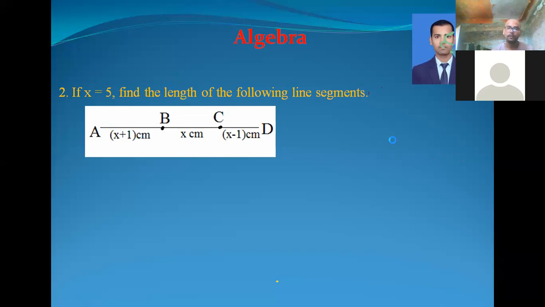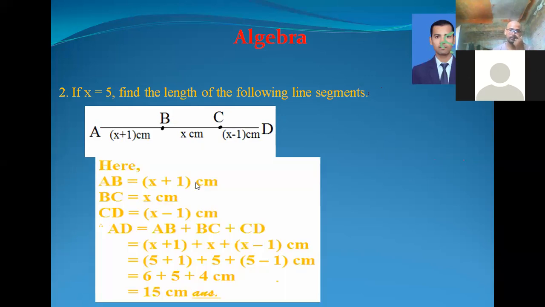So here we show this. Here AB is equal to x plus 1 centimeter, which is given here. You can see on your screen the value of AB is equal to x plus 1. Similarly, BC from B to C is x centimeter, and C to D is x minus 1 centimeter.